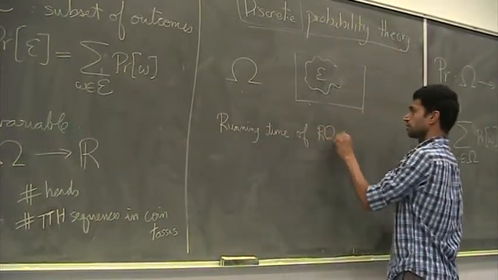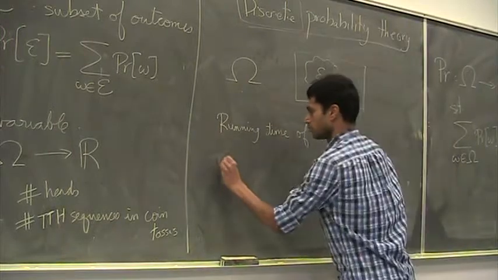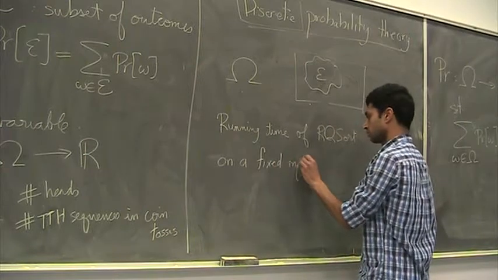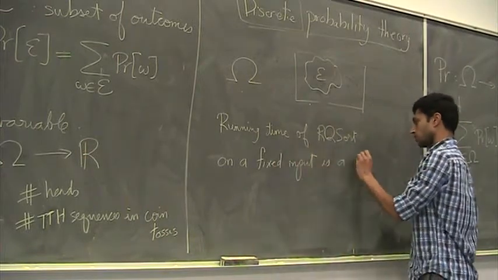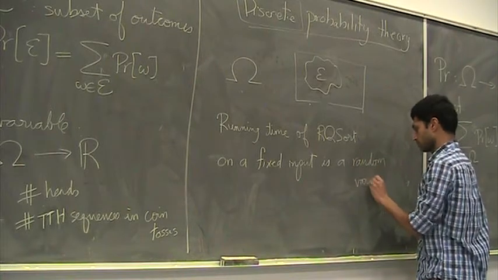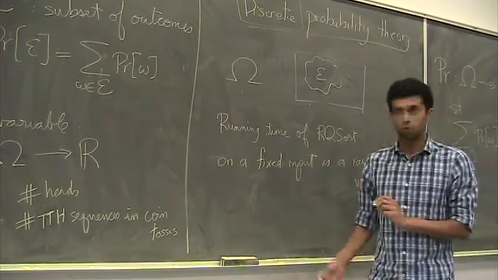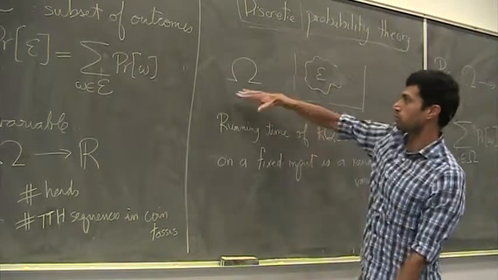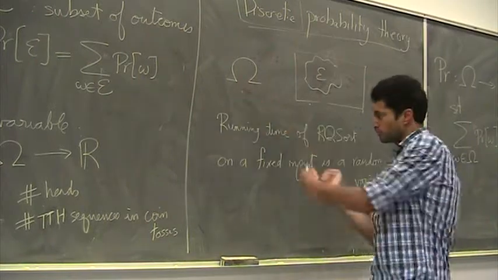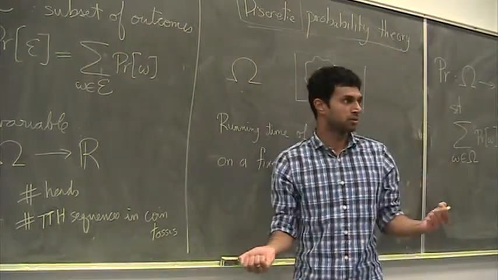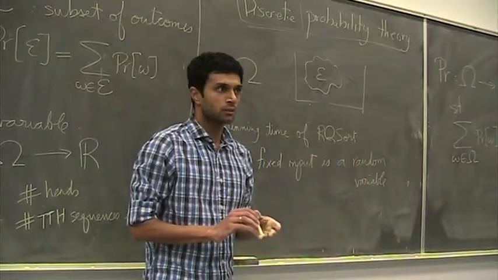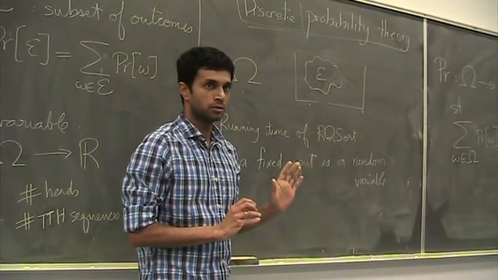What this says is simply, if you told me what all the pivot choices were, then the running time is just fixed. Questions about that? Is that clear?